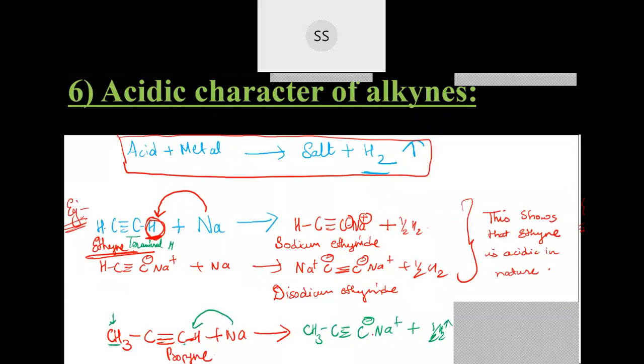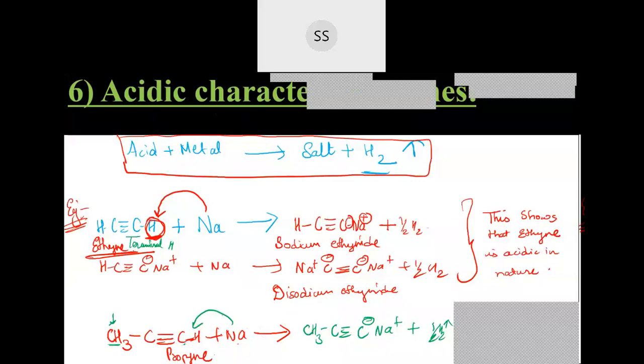You can take sodium, or even sodamide, sodium with an NH2 group. Sodamide also can be taken. But I have kept the same thing here because in the solution, it easily takes H plus ion. You have seen that during the reaction also.